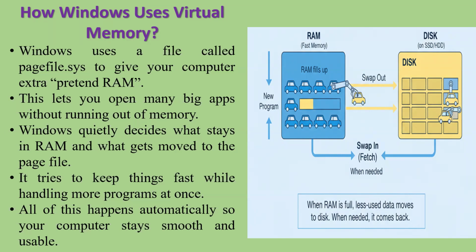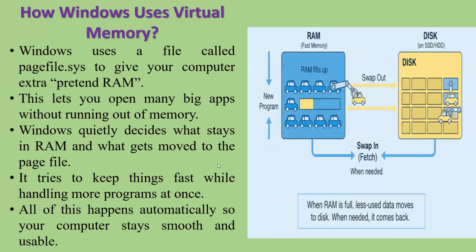It moves data quietly without even telling you. You can open, say, Photoshop, MS Office, Teams, and Chrome without crashing because Windows secretly shifts memory to the page file. And this background service gives smooth computing. And as it happens automatically, your computer feels like a smooth, accessible, and usable device.